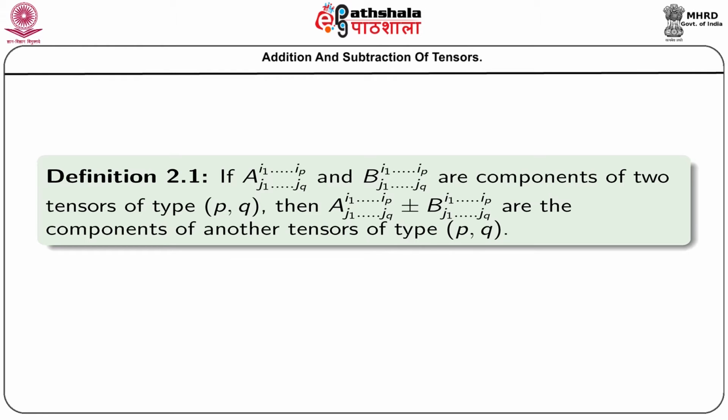So, for addition and subtraction of tensors, the tensors should be of the same type, that is important. Here it is given in the type (p,q) form.